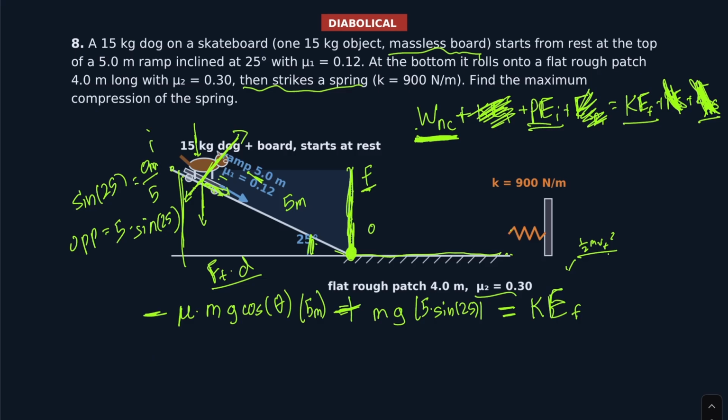So then this would be negative 0.12, because that's mu1 for this ramp, times m, 15, times g, 9.8, times cosine of 25, times 5, plus 15 kg times 9.8 times 5 times sine 25.